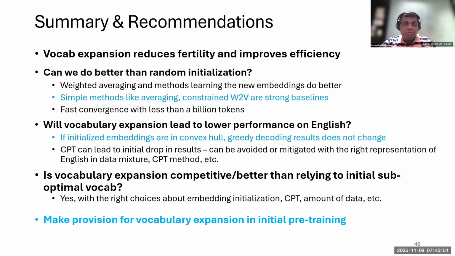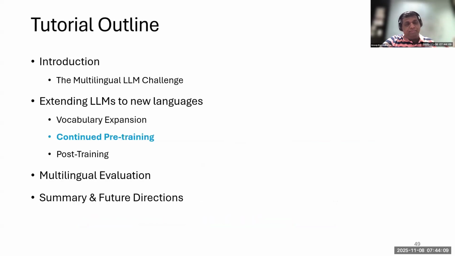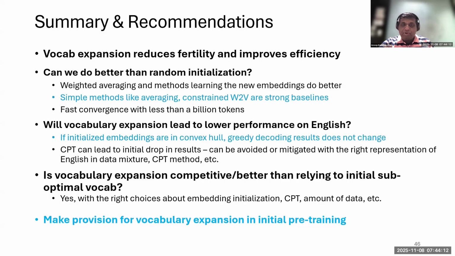So even vocabulary expansion methods can be competitive if you compare to just fine tuning the existing network, provided you make the right choice of embedding initialization, continued pre-training, etc. Finally, as we saw, it will make life much easier if we make provision for vocabulary expansion during the initial pre-training itself.